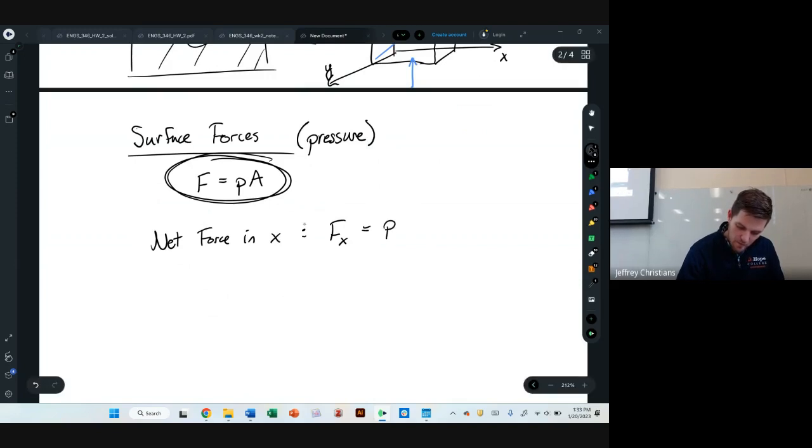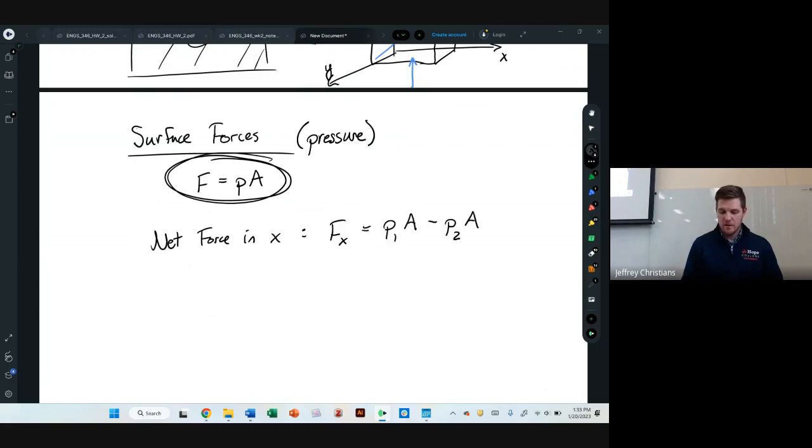This is P1 times A, because that's pushing in the positive X, minus P2 times A, because that's pushing the other way.